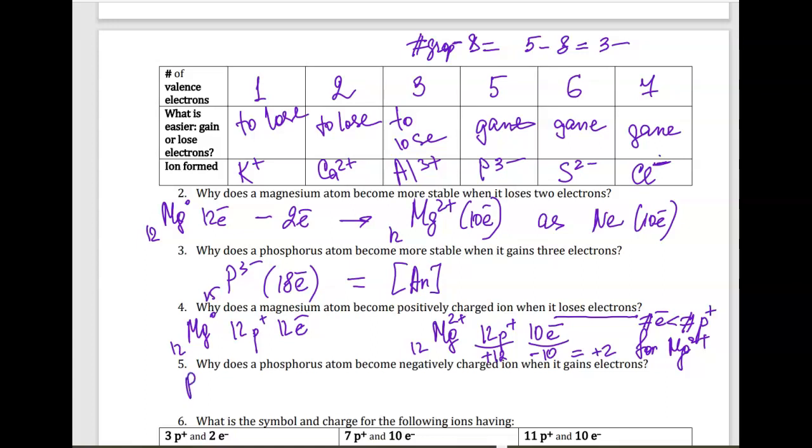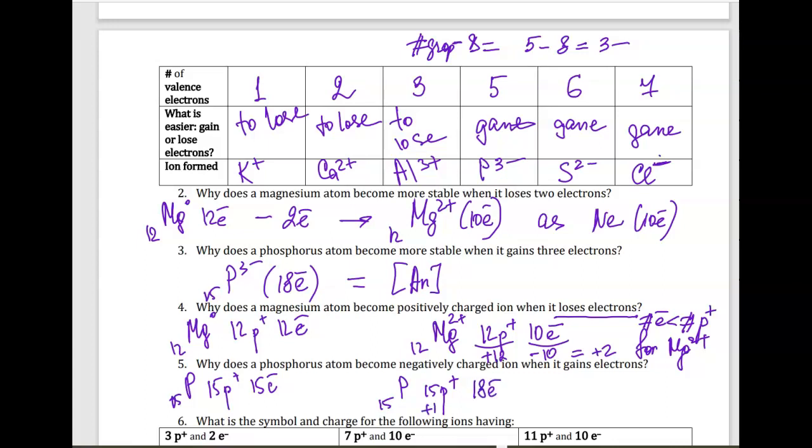Why does the phosphorus atom become negatively charged ion when it gains electrons? Let's do the same. So when it's an atom, it has 15 protons and 15 electrons and the same charge, so they balance each other. But when it gains electrons, the same amount of protons, 15 protons, but 18 electrons.